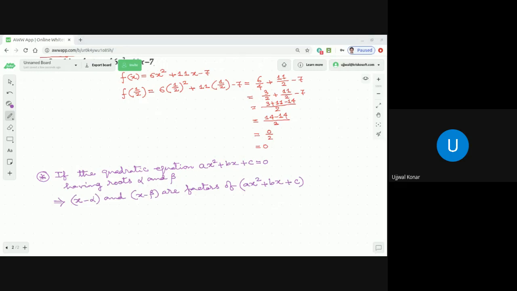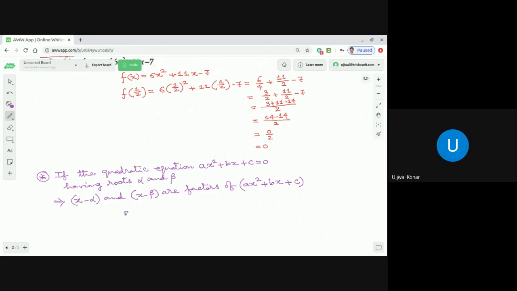Okay, same thing is true for the cubic equation as well. Are you getting my point, dear Bhumika? Yes, sir. So what you can write is x minus alpha into x minus beta.